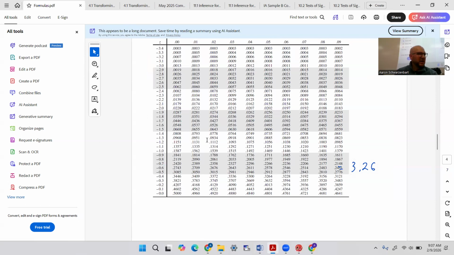And again, I'm going to look up negative 3.26 because it's two-sided and I will have to double that. 0.0006. When I double that, that gets 0.0012. That is less than 0.01.